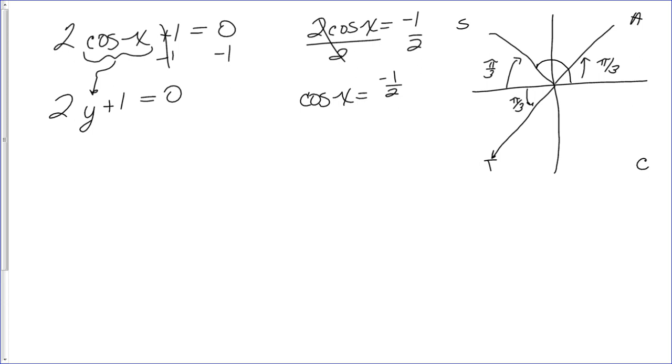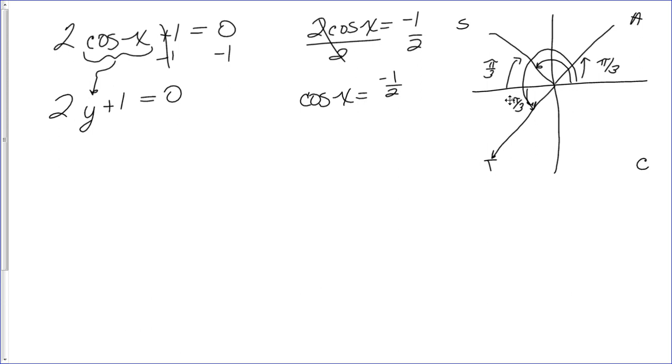What we're going to be looking for is this angle as well as this whole angle, because these two will have a cosine of negative 1 half. This is why that section on reference angles was so important, because since we know our reference angle is pi over 3, we can quickly figure out what these angles are.